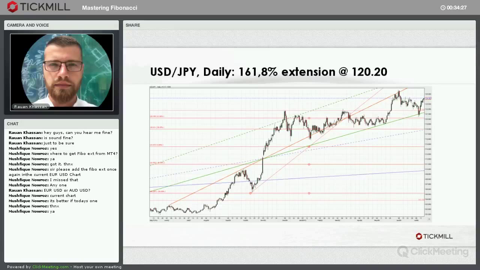And well, you can obviously see that 123.80 appears to be 138.2% for the pair. Look how precisely this level was tested.